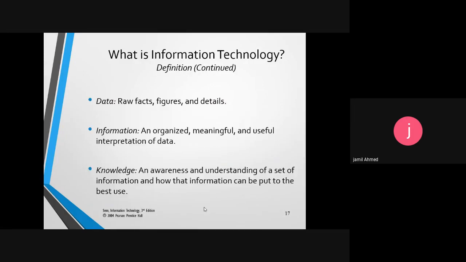So we have discussed data, which is raw facts and figures and details of some events, and then information, which is an organized, meaningful, and useful interpretation of that data. Knowledge is awareness and understanding of a set of information and how that information can be put to the best use.